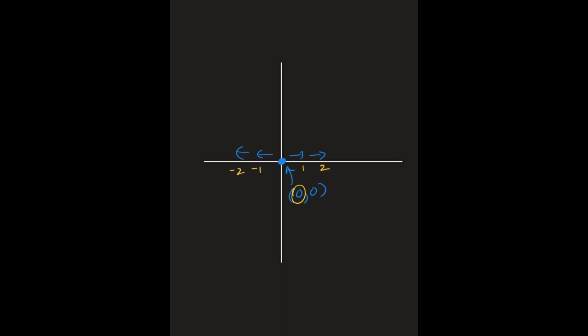Therefore, as I draw my table, for the most part, I can make a table with -2, -1, 0, 1, 2. Those are normally the numbers that I try to stick with, depending on what the original question is asking. So now let's take a look at our first example.